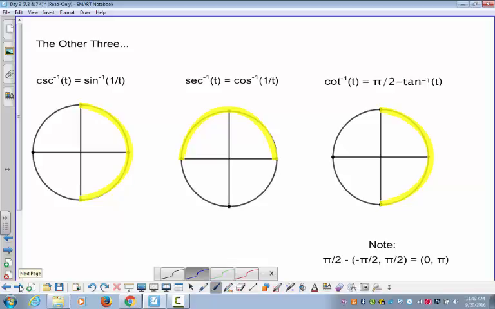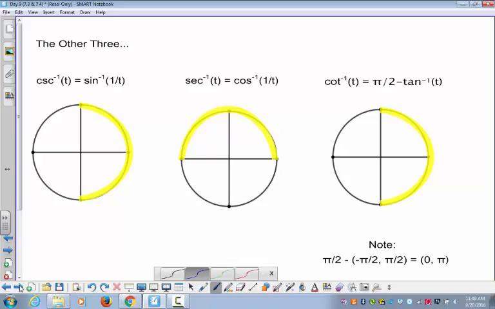All right, let's talk about the other three. For the other three, you can certainly, and I kind of recommend, just doing them from scratch and not memorizing these formulas, but they're not that hard to memorize, especially the first two. We'll do a few examples. So inverse cosecant and inverse sine, they line up on the right-hand side.